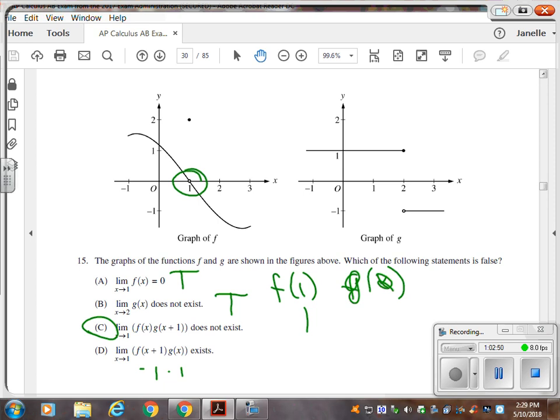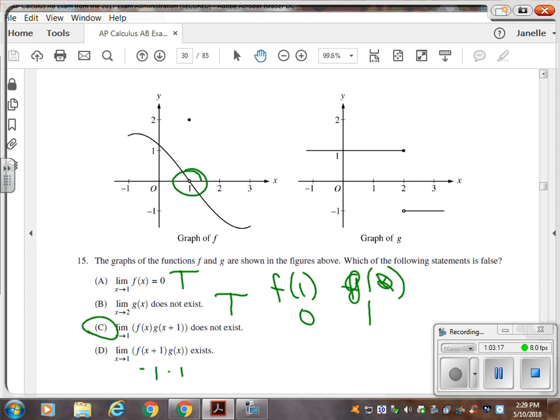I plug in 1 plus 1 is 2, but it's colored in at 1. It's not colored in at the other one. They don't meet. I know that's the correct answer, y'all. I don't know why I just circled it. Because this is 0. And this one over here is 1. And 1 times 0 is a number.